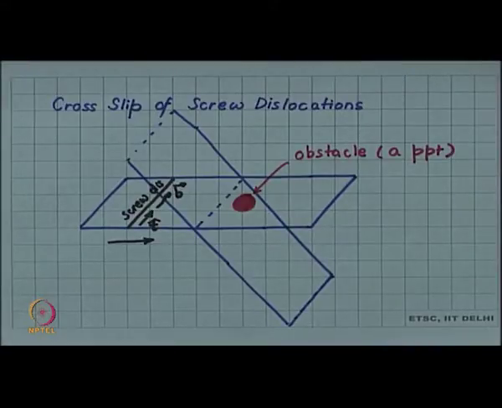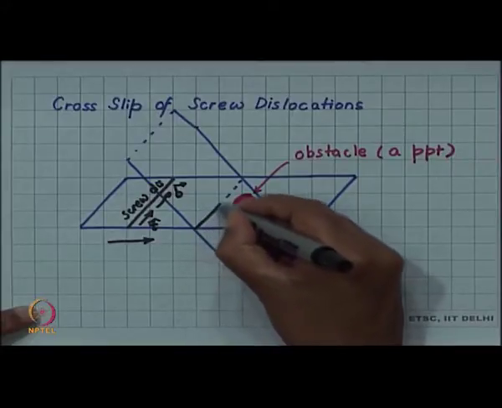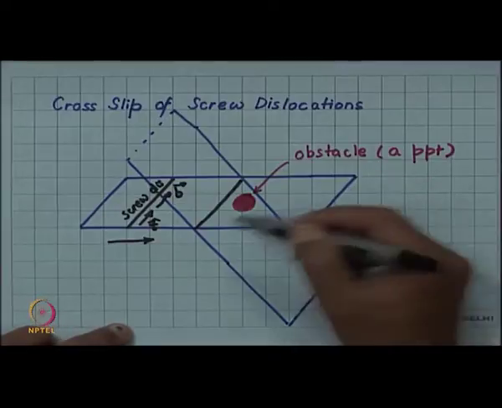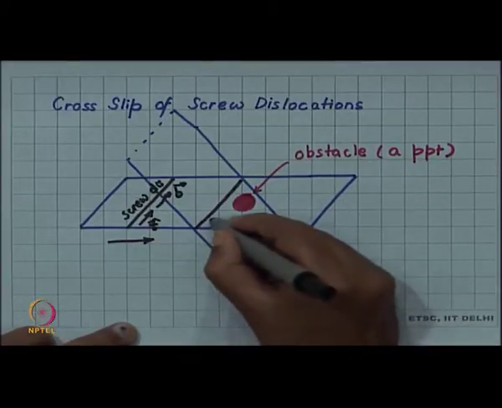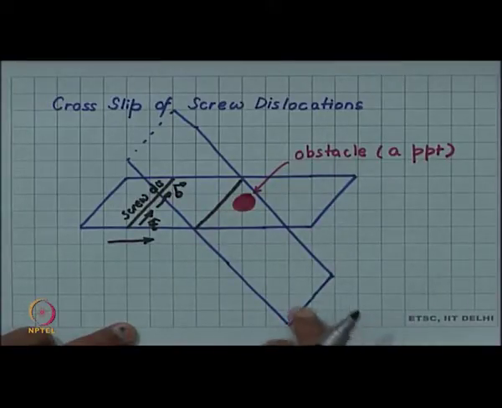So, this dislocation will be obstructed when it comes, let us say here, but if another plane is available for sliding, the dislocation can avoid this obstacle, if it is a screw dislocation. So, then this other plane is also a slip plane.